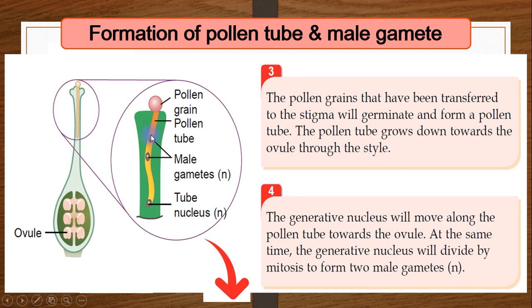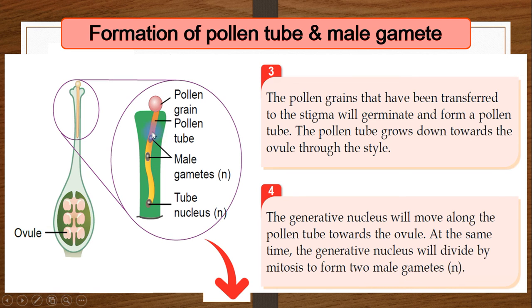This is the pollen tube. The generative nucleus will move along here, and at the same time, the generative nucleus will divide by mitosis to form 2 male gametes.